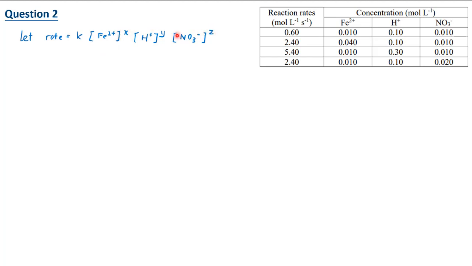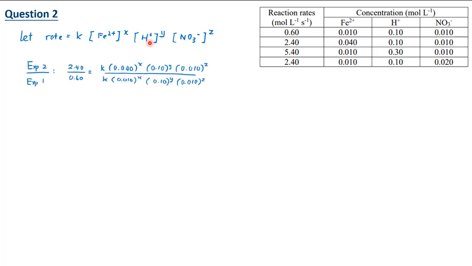In this case, madam puts it as X, Y, Z. So Fe2 plus raised to power X, H plus raised to power Y, and then nitrate ion raised to power Z. Since we have three unknowns X, Y, Z, we need to do it 3 times. So you need to have 3 combinations of experiments to get these unknowns X, Y, Z.